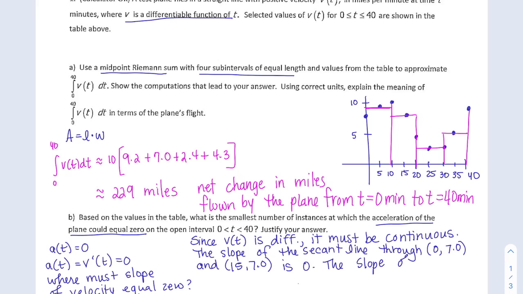The slope of the secant line through (25, 2.4) and (30, 2.4) is also 0.